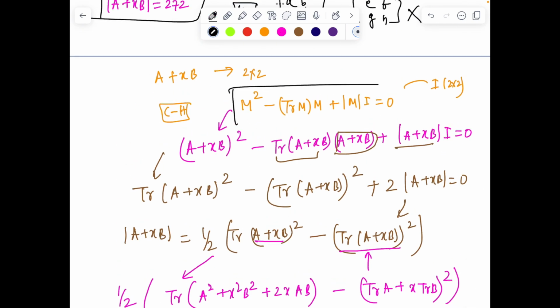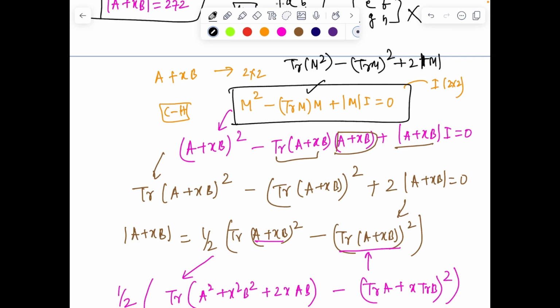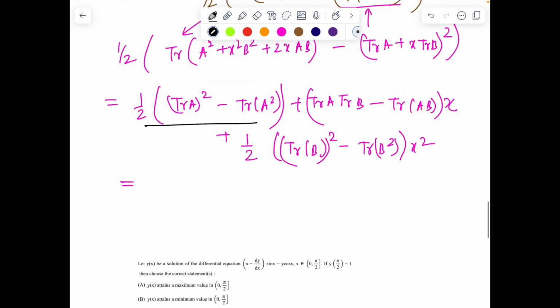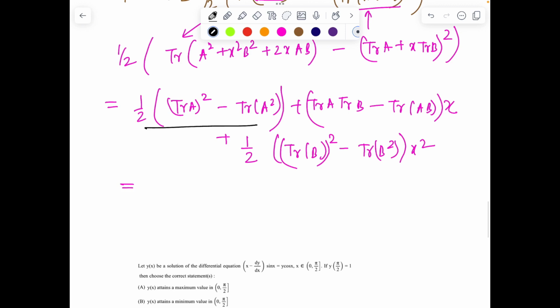Again, from the Cayley-Hamilton theorem we can calculate trace of M square minus trace of M whole square, taking trace on both sides, plus 2 times det of M equal to 0. So we can relate det of M with respect to trace of M square and minus trace of M whole square.